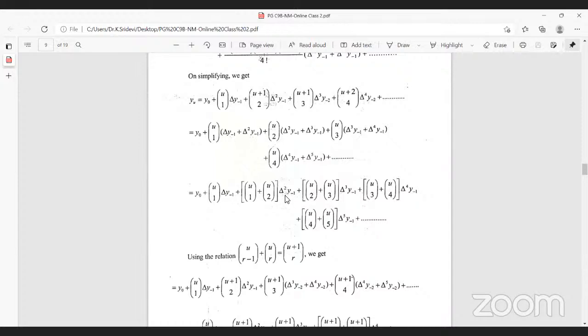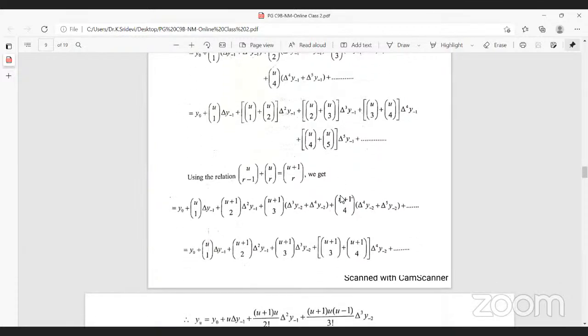If you take common delta square y minus 1, you can get u1 plus u2 like this. Now you can follow the same procedure. Delta cube y minus 1 is there, delta cube y minus 1 is there, so take common delta cube y minus 1 from both the terms. Then you get u2 plus u3 into delta cube y minus 1 plus and so on. Thus follow the same procedure.